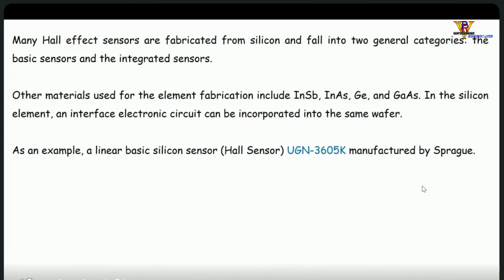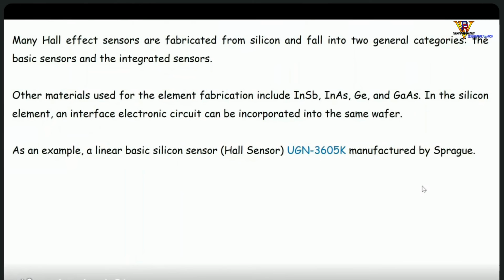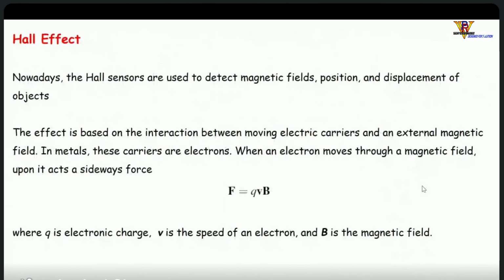We have one example of a Hall effect sensor: the UGN 365K, manufactured by Sprague. With this sensor, we can sense the Hall effect and use it for different purposes.